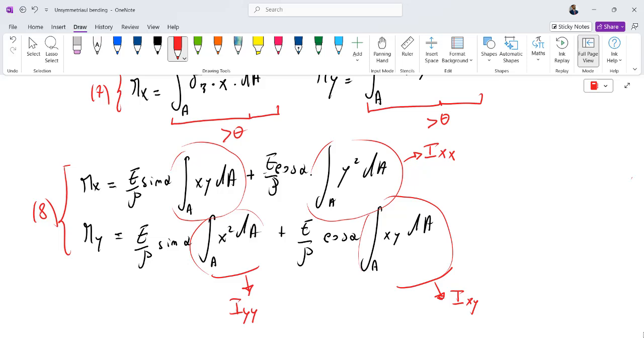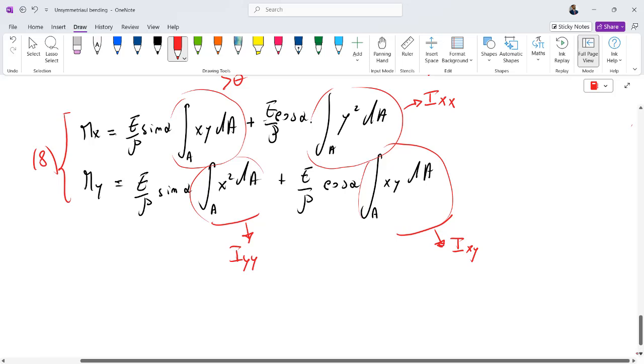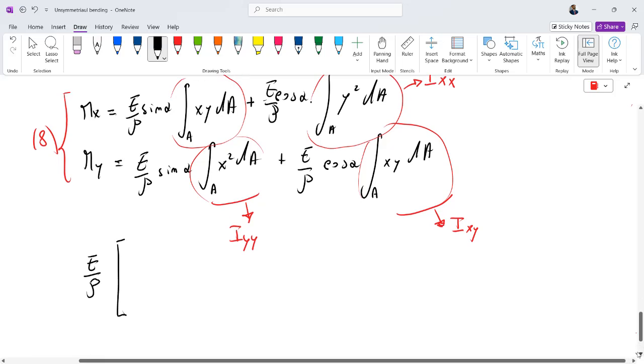So the other quantities, Young's modulus divided by the radius rho, and sine alpha and cosine alpha, are all constant quantities. So we can extract these from the integral. We can express mx in matrix notation: Young's modulus divided by rho, times the matrix of the moments and product of inertia.